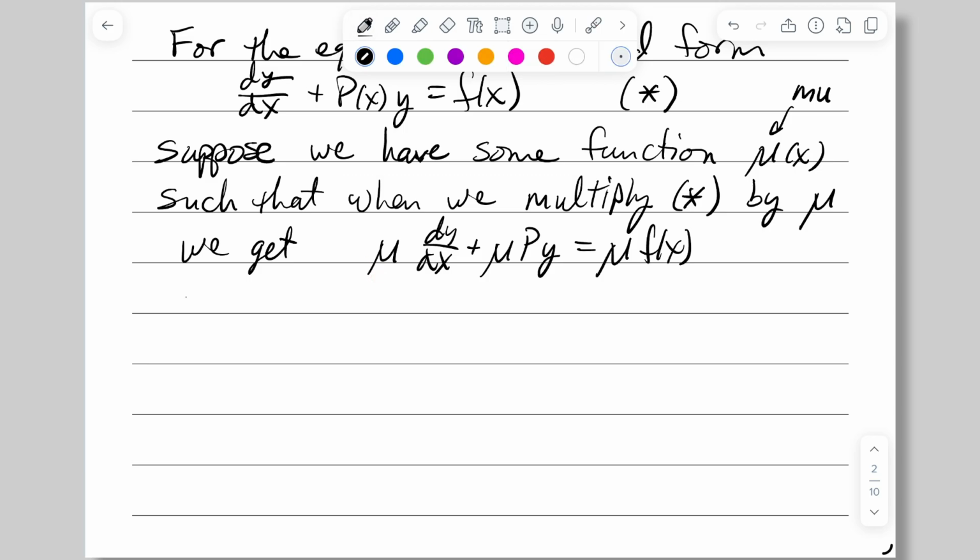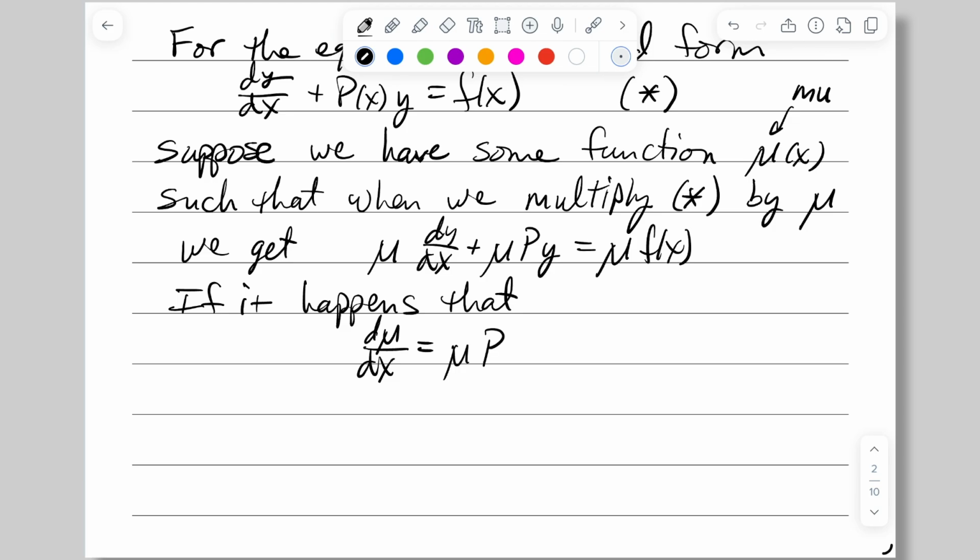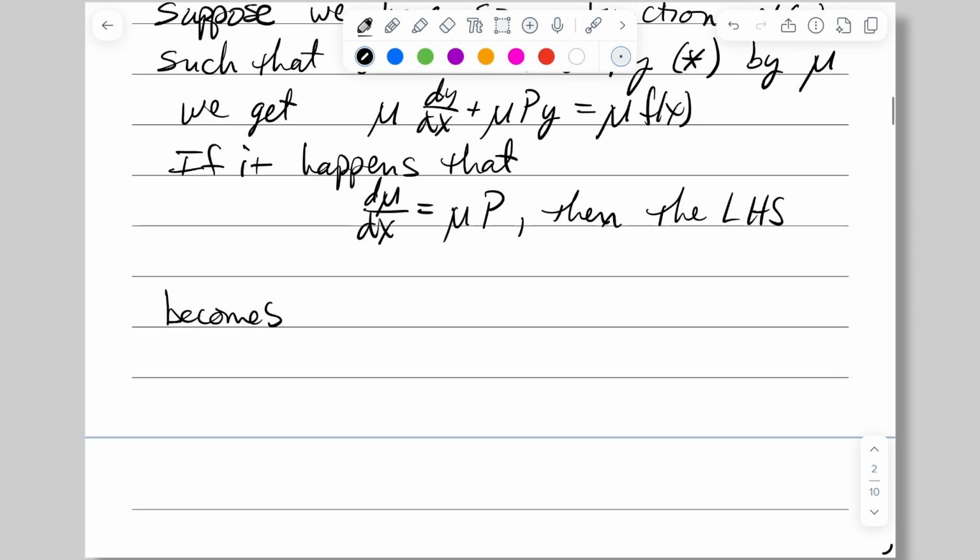If it happens that d mu/dx is equal to mu times p, then the left-hand side becomes mu dy/dx plus d mu/dx times y, and I don't need the right-hand side.